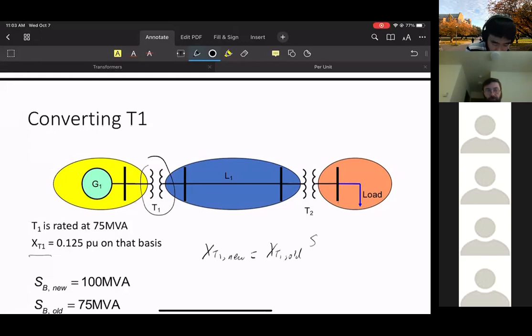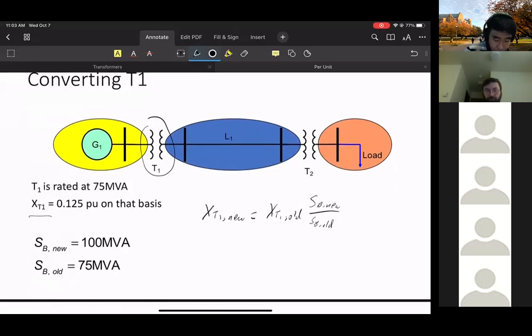Same calculation we did, SB new, SB old. Remember the voltage is the same from the new to the old. So what we have is 0.125 times 100 over 75. This is 0.166 per unit. All right, so this is what we have for T1.